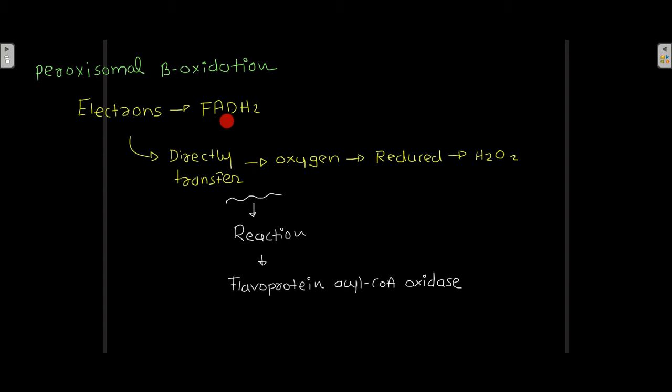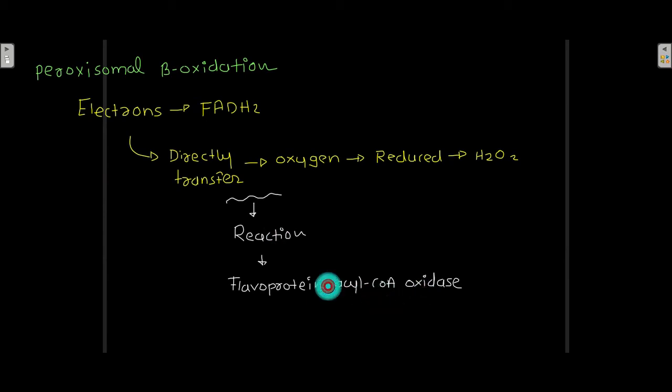So where do they go? The electrons from FADH2 are directly transferred to oxygen, and the oxygen gets reduced to H2O2. This transfer of electrons from FADH2 to oxygen is catalyzed by flavoprotein acyl coenzyme A oxidase.